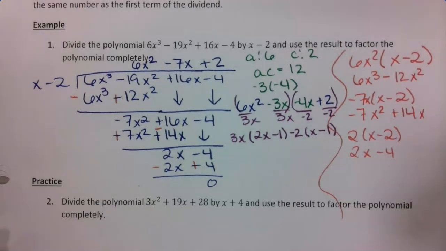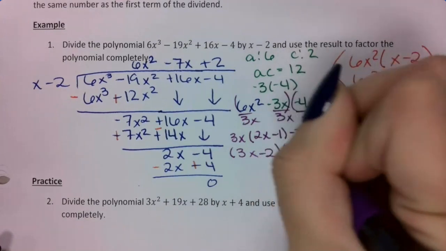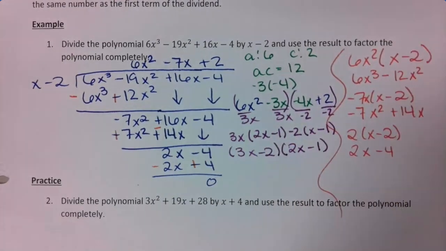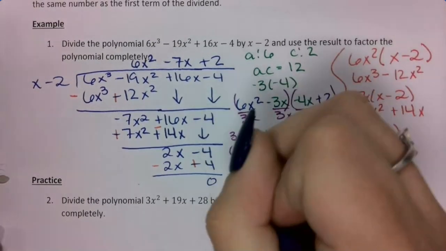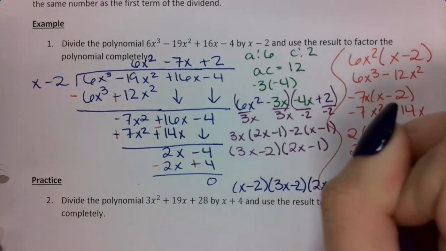Then I want to write my outside terms together. So I'm going to have 3x minus 2, and then times the repeated part, which is 2x minus 1. And then because this question wanted me to factor my original polynomial, I'm going to put this x minus 2 back in. So my final answer is x minus 2 times 3x minus 2 times 2x minus 1.